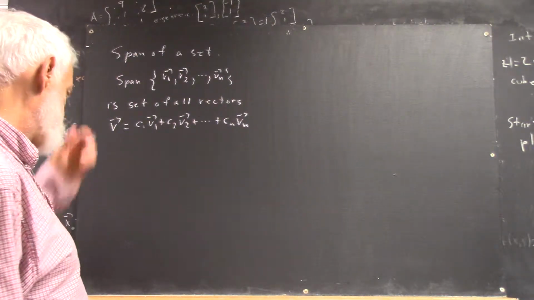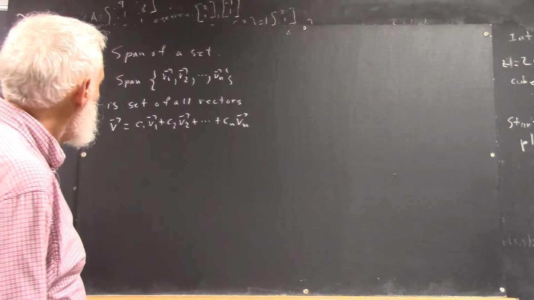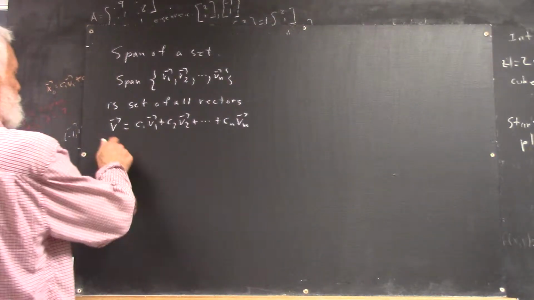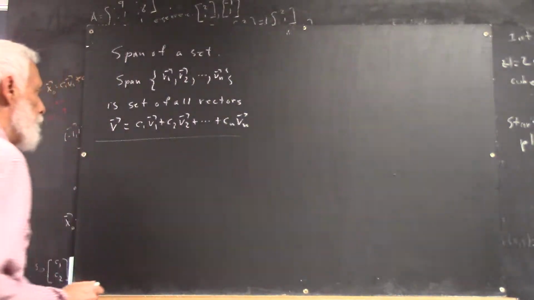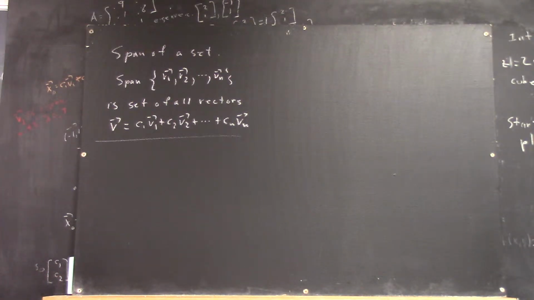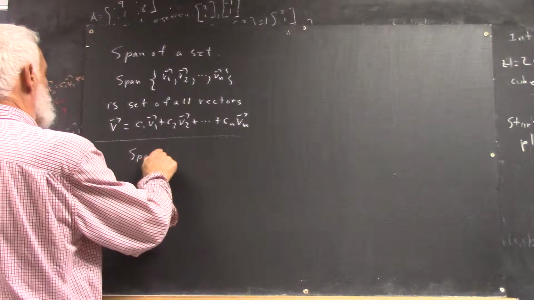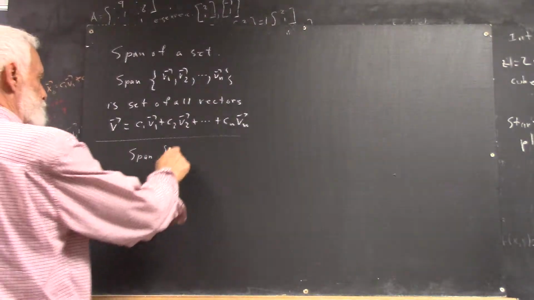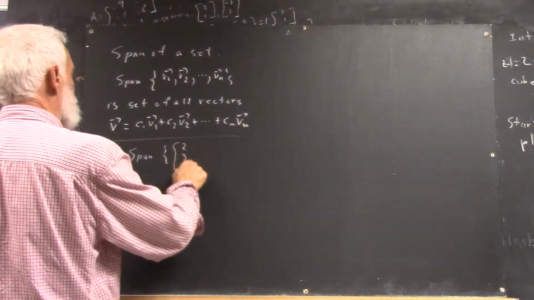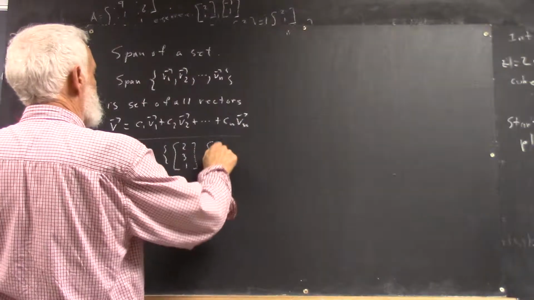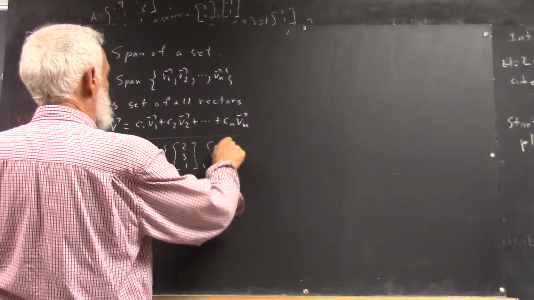Now, what's the span of the set (2, 3, 1), (-1, 5, 4)?